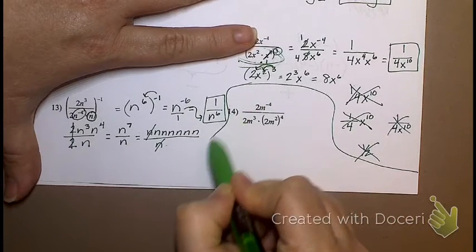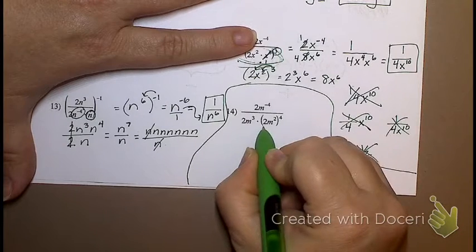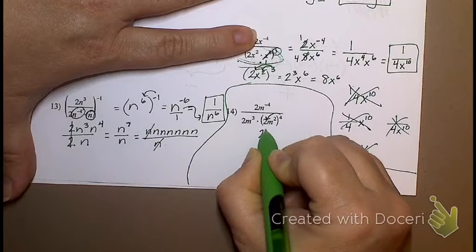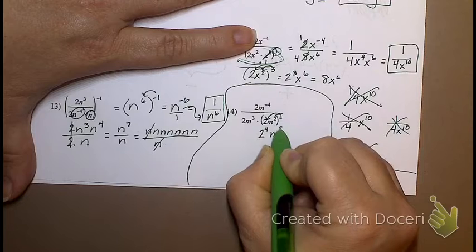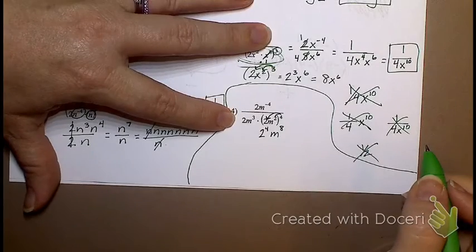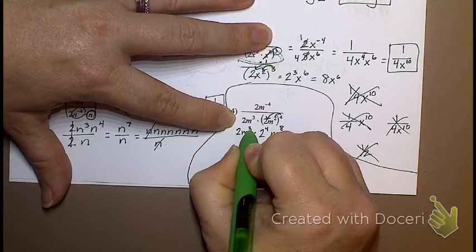Hopefully I have enough room to do this one. So doesn't this become 2 to the 4th m to the 8th? Right? And then I have a 2m cubed over here.